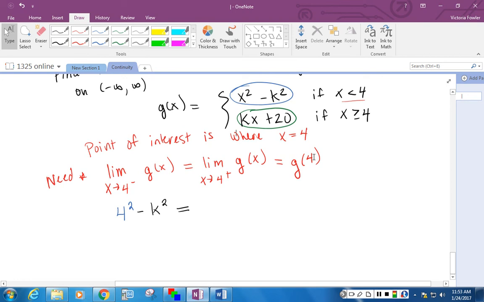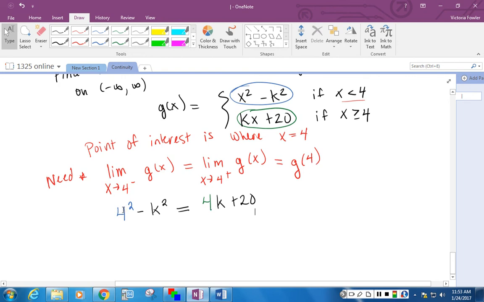So I would plug in x to be 4, and that would say k4, but we don't write it like that, so I'm going to put 4k plus 20. What I'm trying to do is establish it so that my limit exists. That means these two things are equal, and that limit equals the function value, which means I'm going to plug in x before.